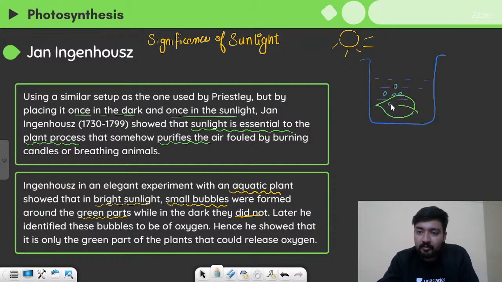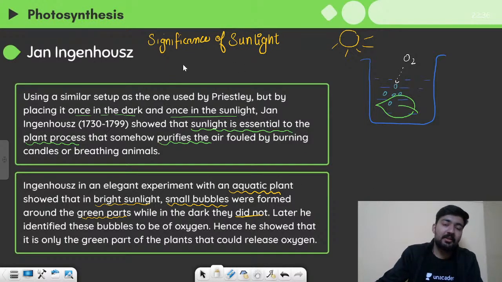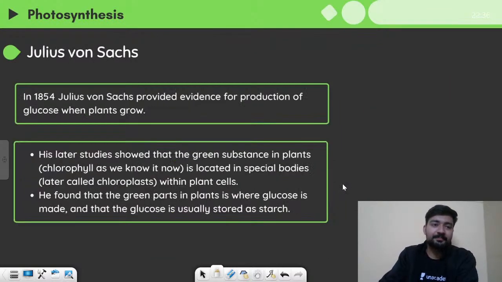Tiny bubbles were formed, and these bubbles are of oxygen gas, right? But in the absence of sun, in the dark, no oxygen bubbles were formed. So he gave the significance of sunlight for the oxygen process, or this whole photosynthesis process. Okay, let us move on.